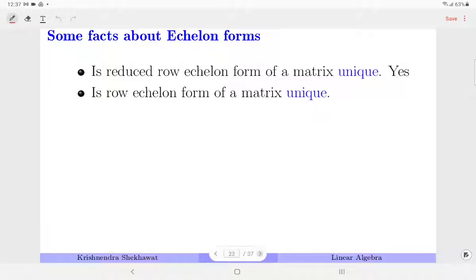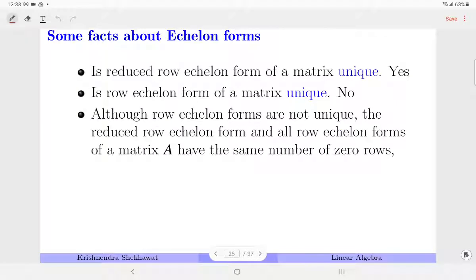But you can easily see that REF is not unique. It may be unique, may not be unique. RREF is also a REF, therefore in that case it is unique, but otherwise it is not, because below the pivot entry all entries are 0, but above it can be 0 or non-zero.